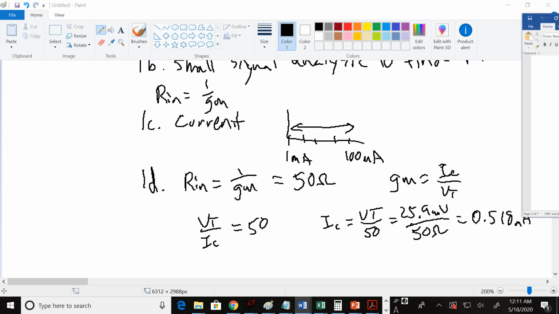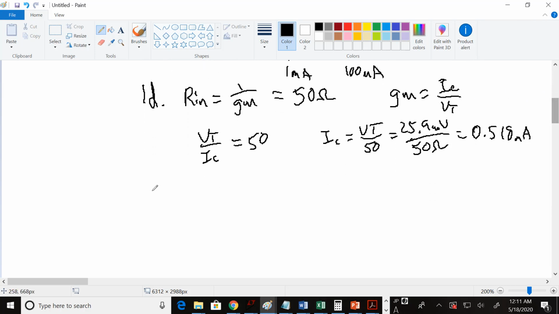So the next part of the question was, you're making a common base. So if you draw a common base, it looks like that. You know the current, and the other part of the question is to make it a general purpose amplifier.